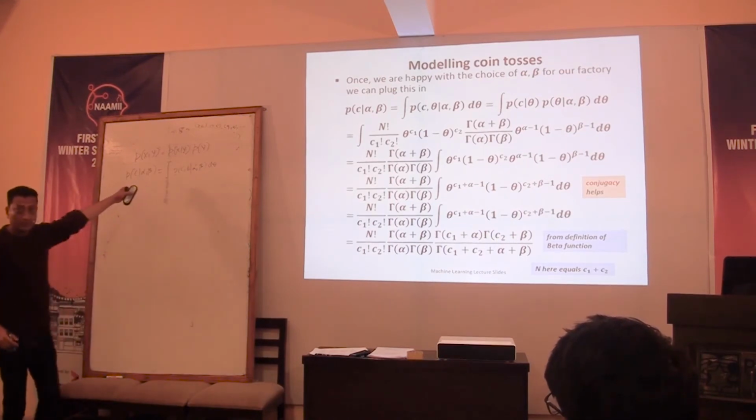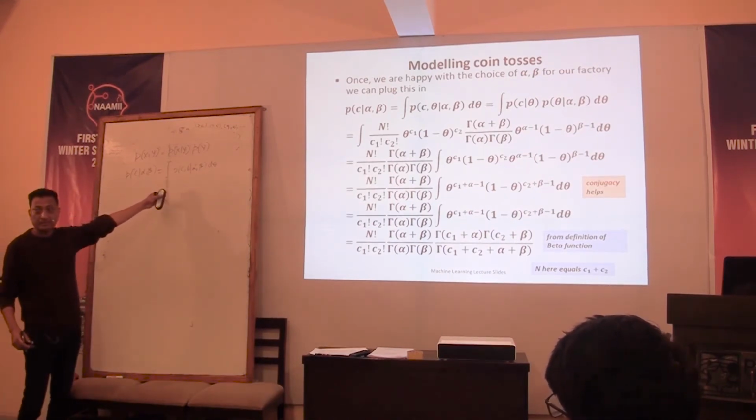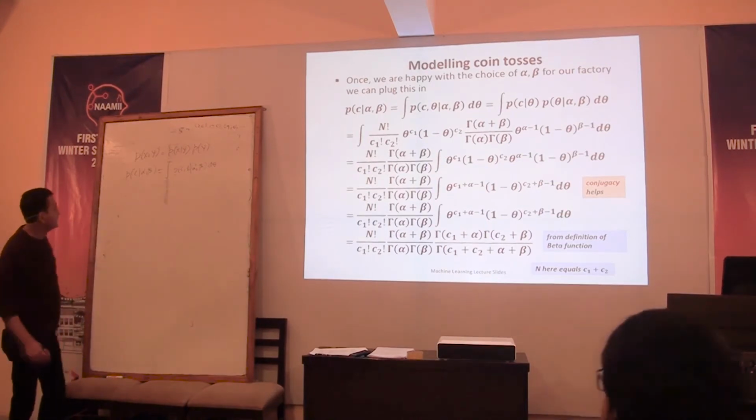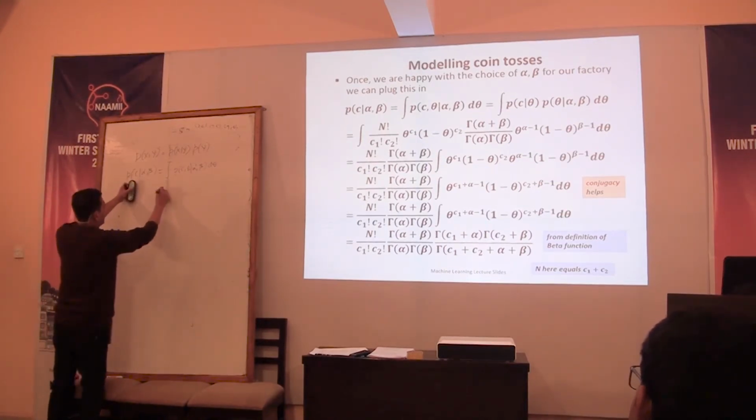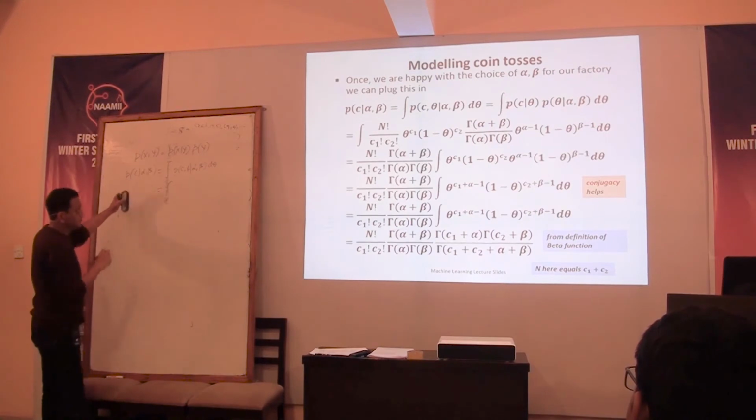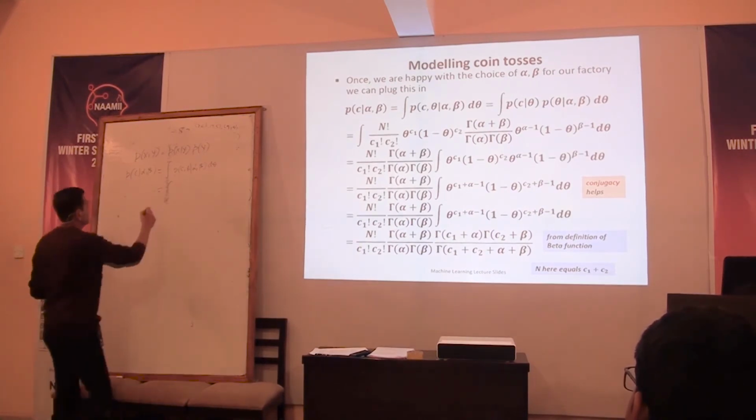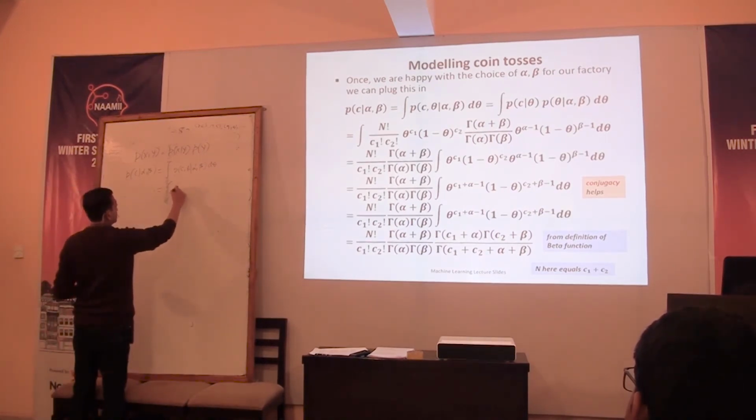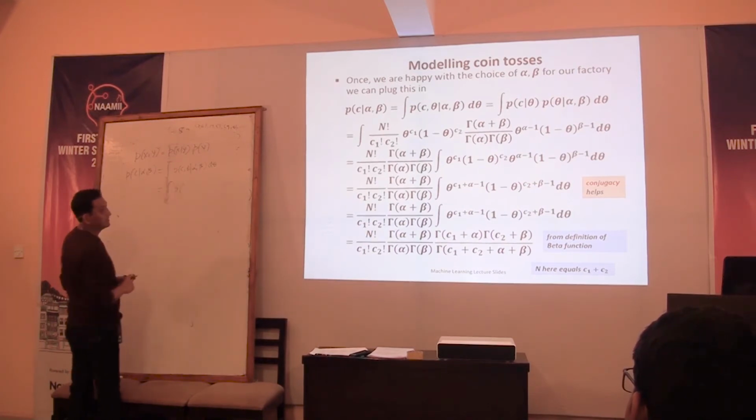Okay, so which equation is this? This is the law of total probability, right? Okay, so now we can split this out by using the definition of conditional probability.